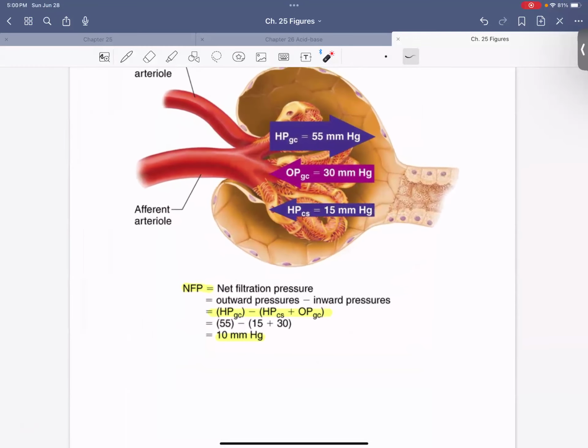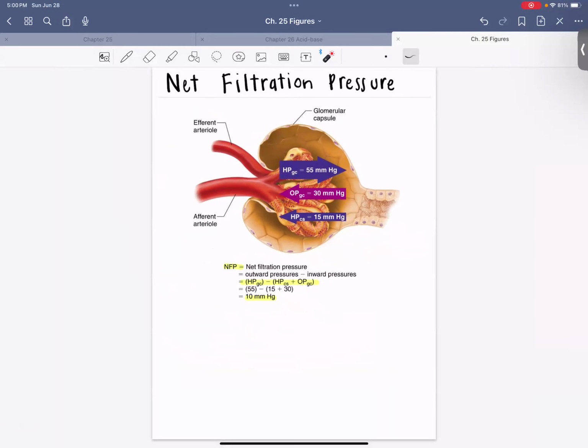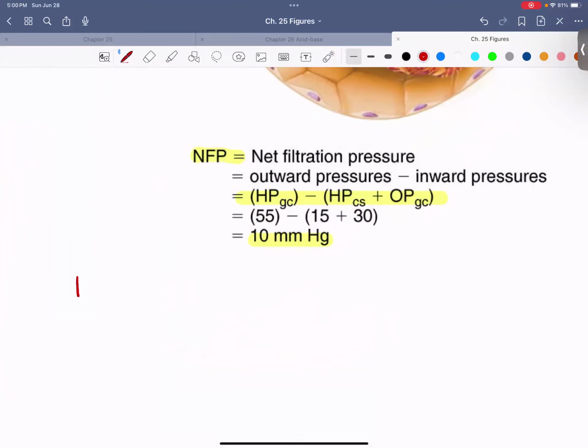You have the formula here and normal pressures. So I just want to explain this in a little bit more detail. Your net filtration pressure can be calculated by the hydrostatic pressure of GC, which stands for glomerular capsule.